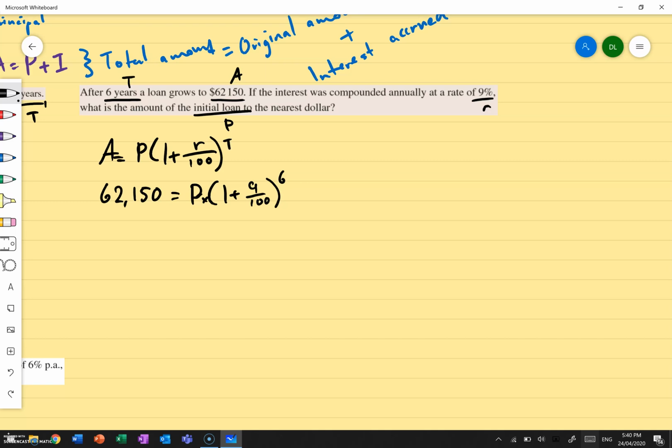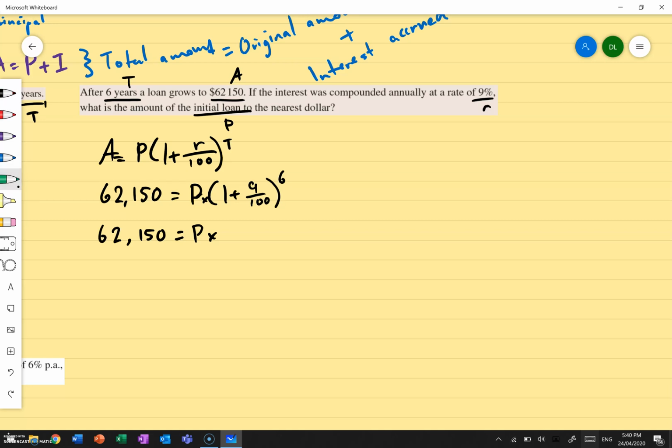Great. So right now, it's P times 1 plus and so on. What I can do is put just that part in the calculator, and we can divide both sides. So 62,150 equals P times. Now I'm going to get my calculator, and put 1 plus 9 over 100, or in other words 0.09, and then write it to the power of 6.